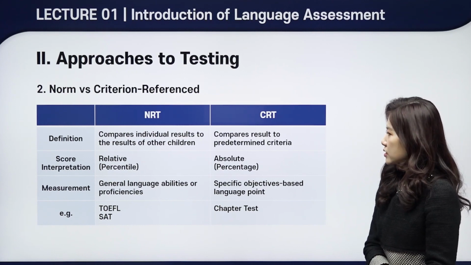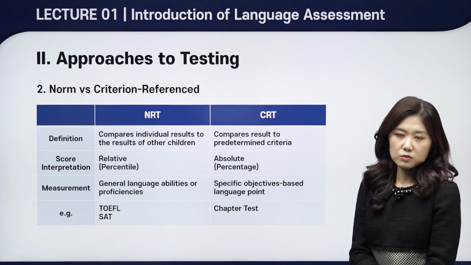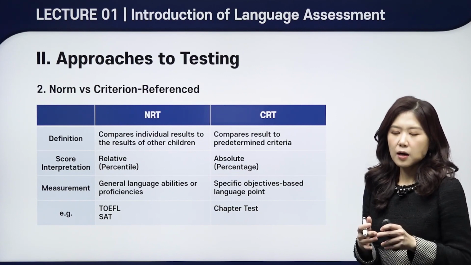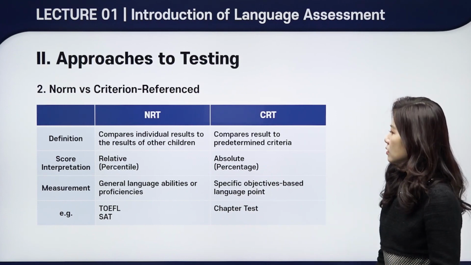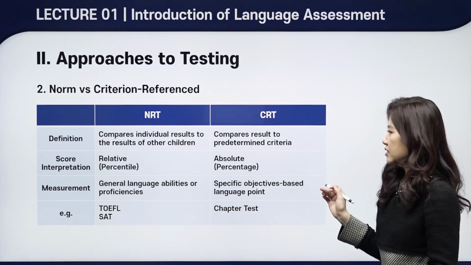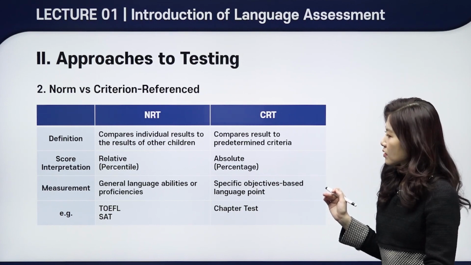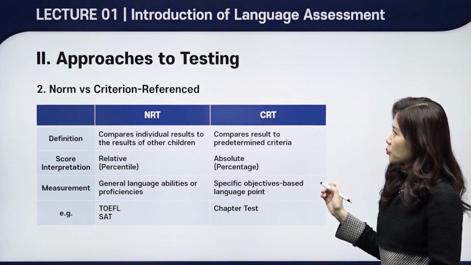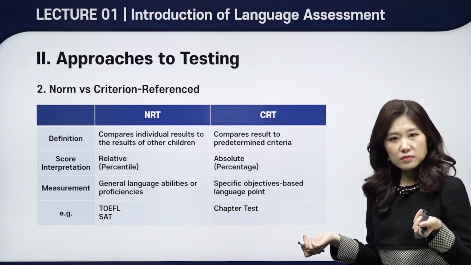So the scores are relative. They're given in terms of percentiles, where you are compared to other test takers or students. And what it measures is general language abilities or proficiencies. And some examples would be language assessments that we are familiar with, TOEFL and SAT.